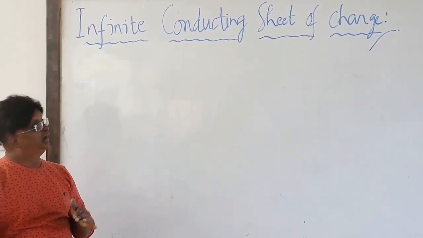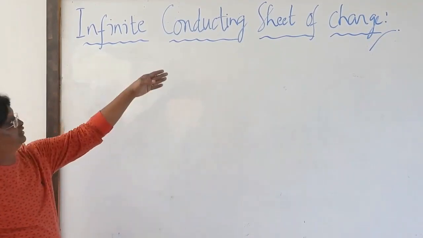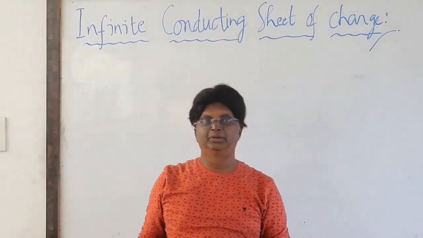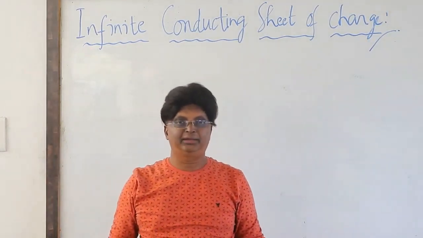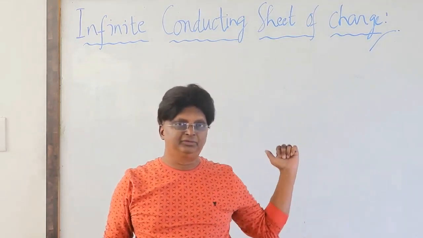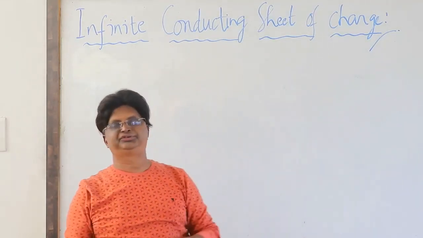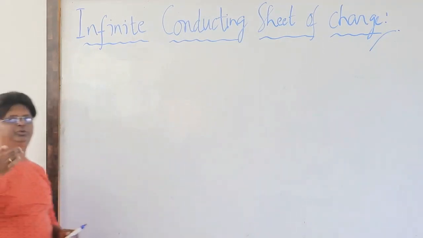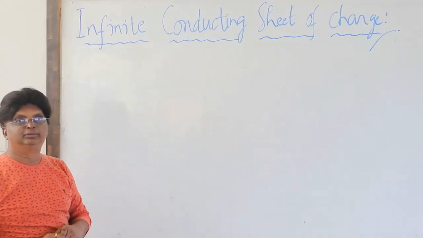And in the case of an infinite sheet of charge, again two cases arise: a conducting sheet of charge and a non-conducting sheet of charge. We are doing it for the conducting sheet of charge. For the non-conducting sheet, with a small logic you can write that on your own, right?